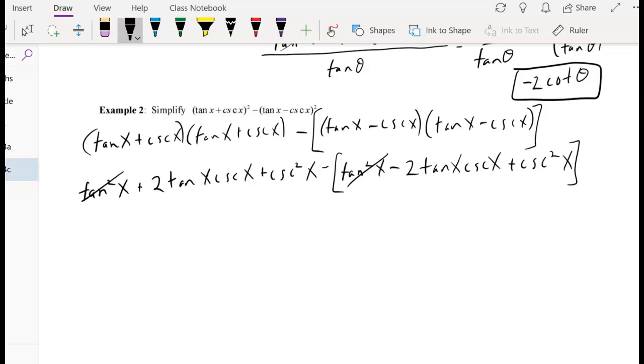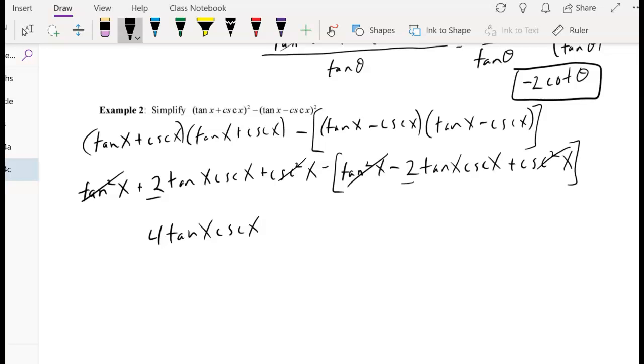Here we have 2, 2 minus negative 2, which is 4. So we have 4 tan x cosecant of x. And then we have cosecant squared of x minus cosecant squared of x. They also nicely cancel away.